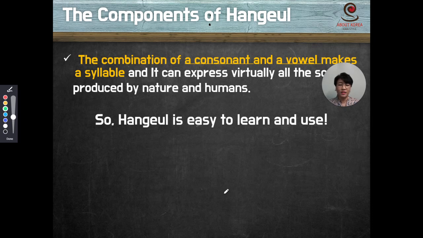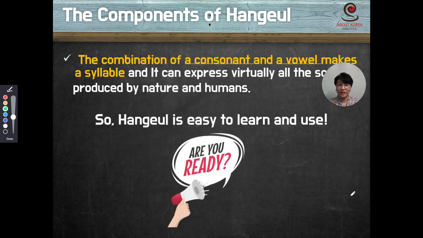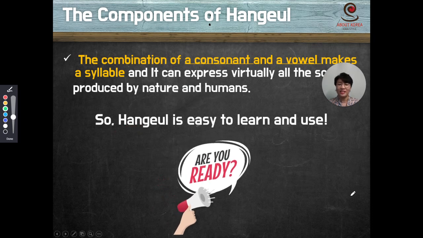So, Hangul is easy to learn and use. Are you ready to learn Hangul? It's not that difficult. Please just follow me and practice again and again, and you will learn how to read and write the Korean alphabet. Okay, let's go.